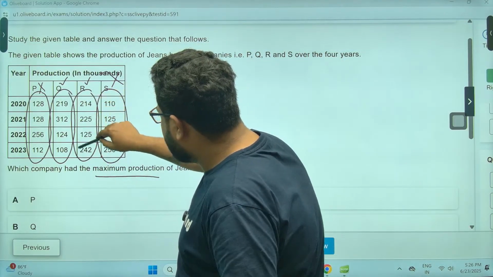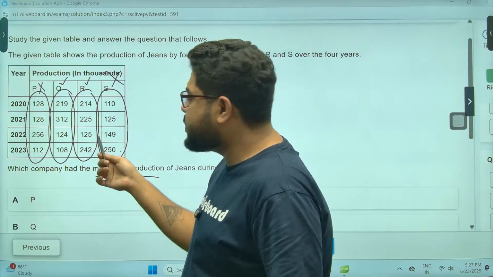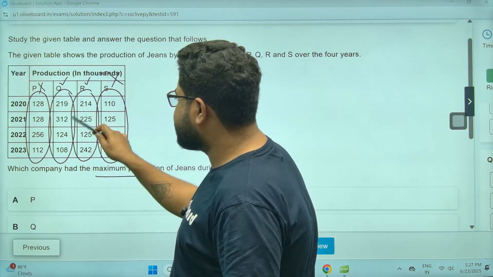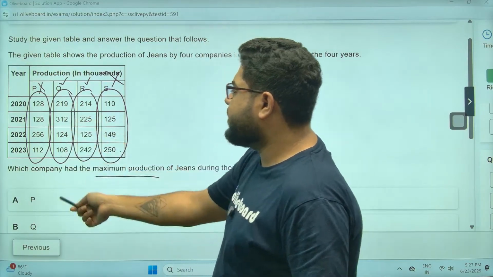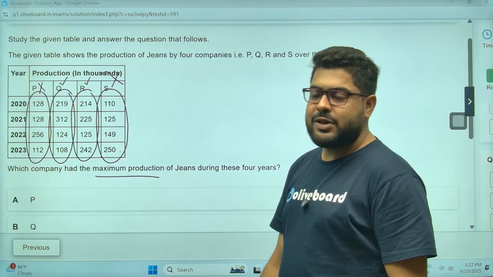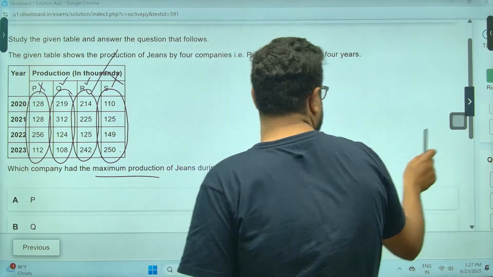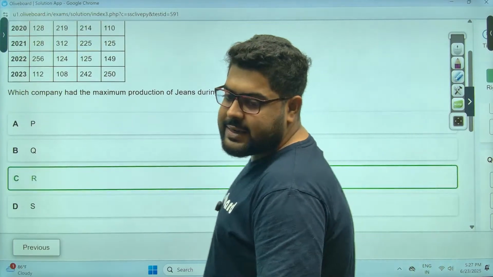Now let's see. 2 to 6 700, 3 to like 5 to 7, both are 700. So it's about the tens. 25, 25, 50, 90, it's more than 100. 19 to, sir, this can never be. It's reaching only 50s. So R is my answer, maximum. The option where R is, sir, C. That's my answer.